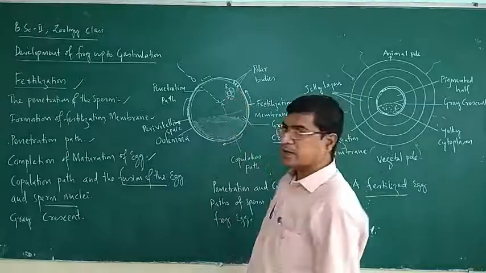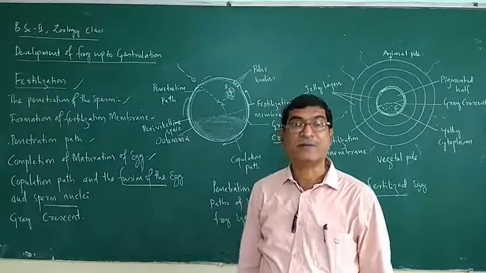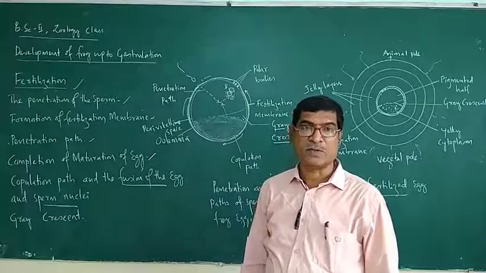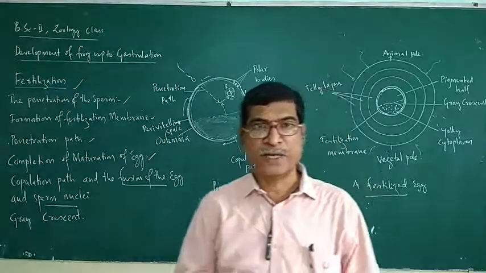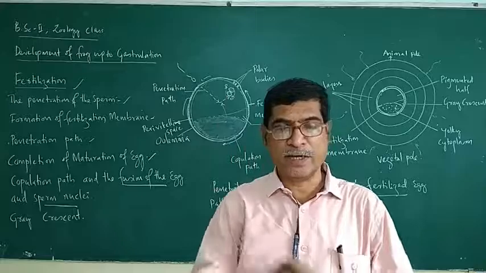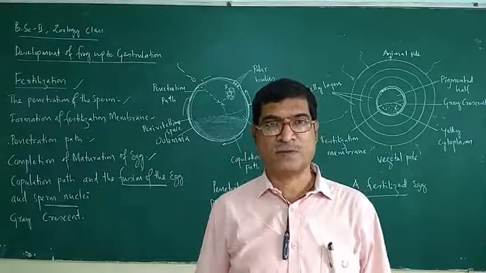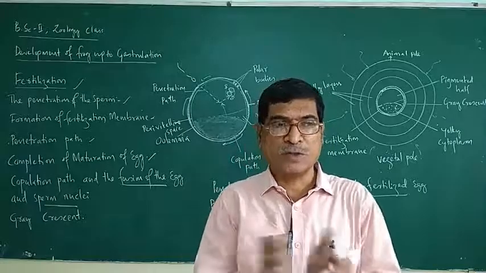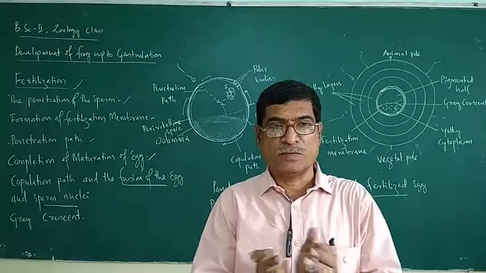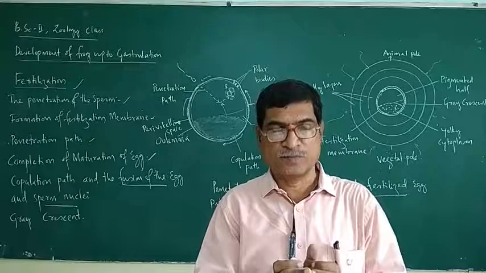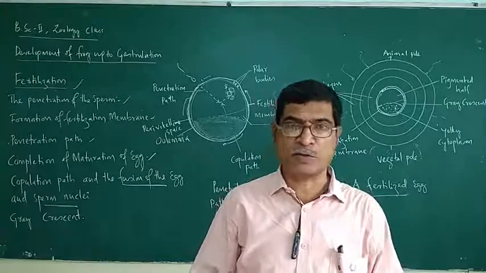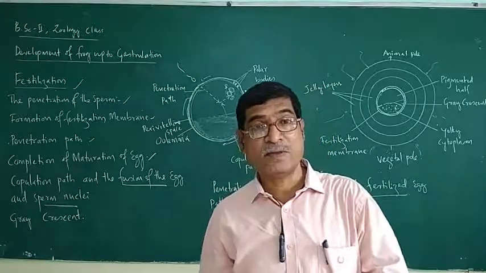Okay. As a result, the fertilization is completed. So what is the meaning of fertilization? The meaning of fertilization is syngamy or fusion of gametes, so as to bring about the normal set of chromosomes in the zygote. So the zygote has the diploid number of chromosomes, whereas gametes have the haploid number.